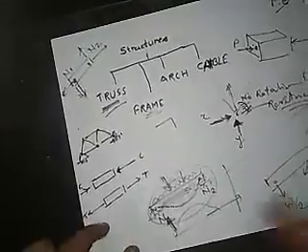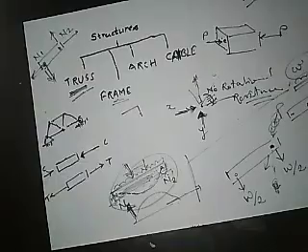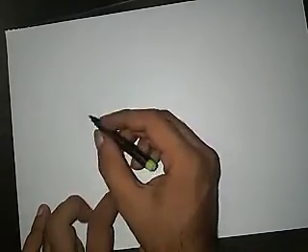So before that, by taking these three assumptions in mind, we assume that a truss is a structure that transfers its loads through the members only in the axial fashion. So there will be either a compressive force or a tensile force or no force in a structure.